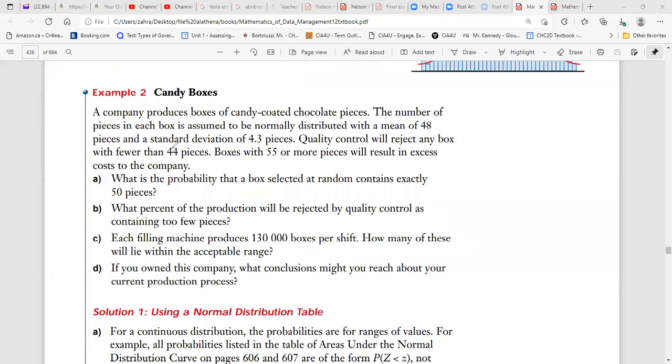But actually, the acceptable range is between 43.5 and 55.5. We have to use these because we want to include both ends. So X should be between these two numbers, and you need to find that probability.